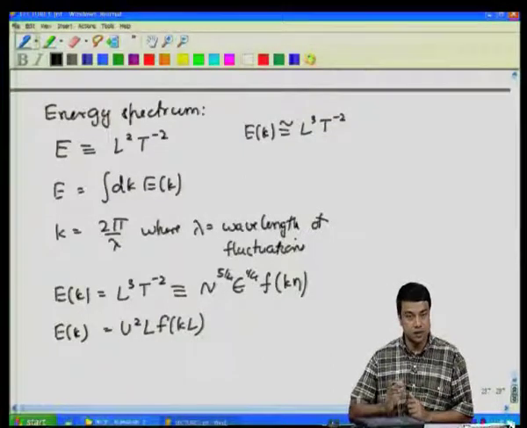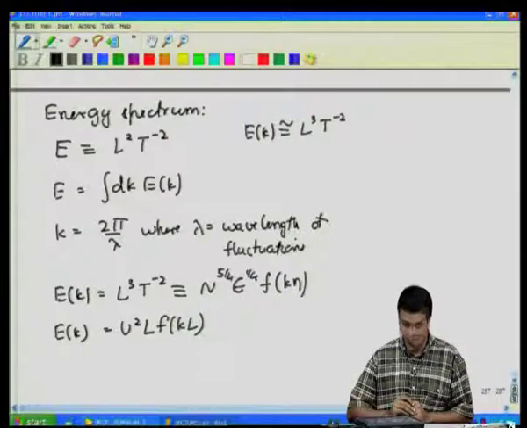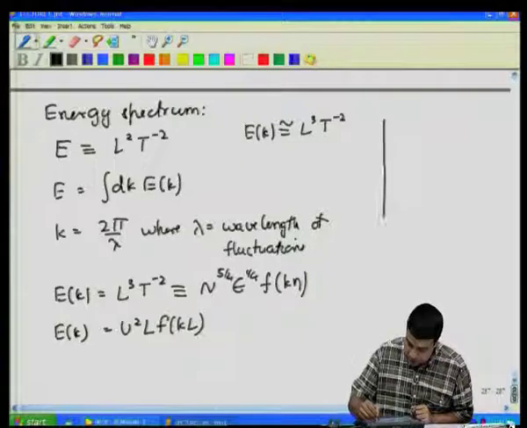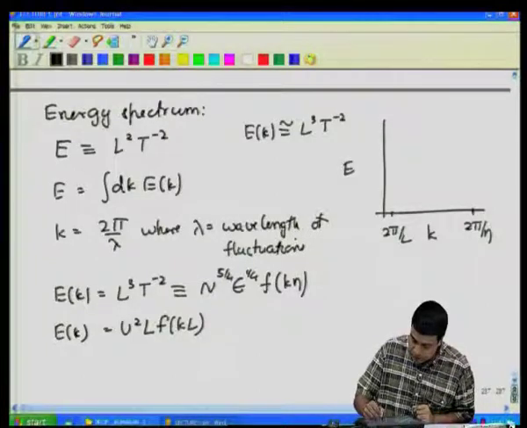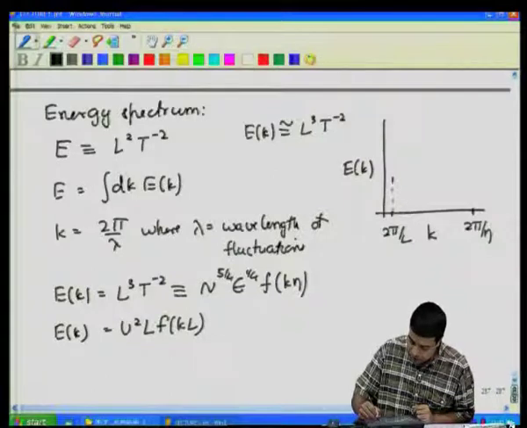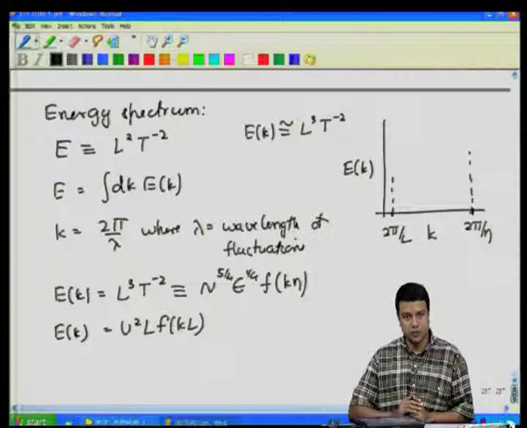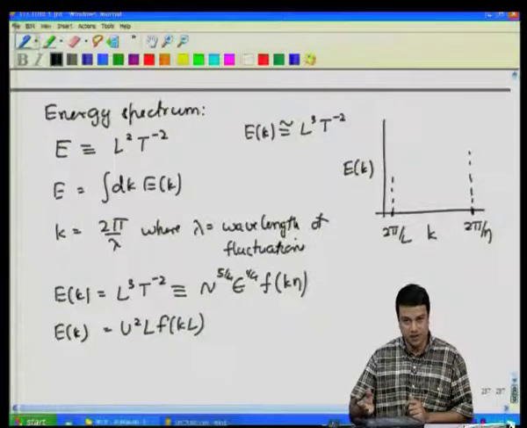It will scale in accordance with u and L. So, I have two limits here. Let me plot it again as a function of k, 2 pi by eta, 2 pi by L, E of k. At these two scales I know how it has to scale. It has to scale in some way as a function of k eta or k L, depending upon the limit that you are taking.